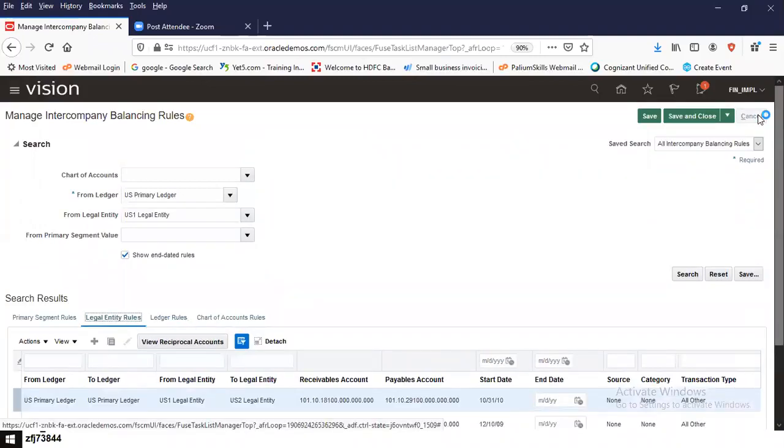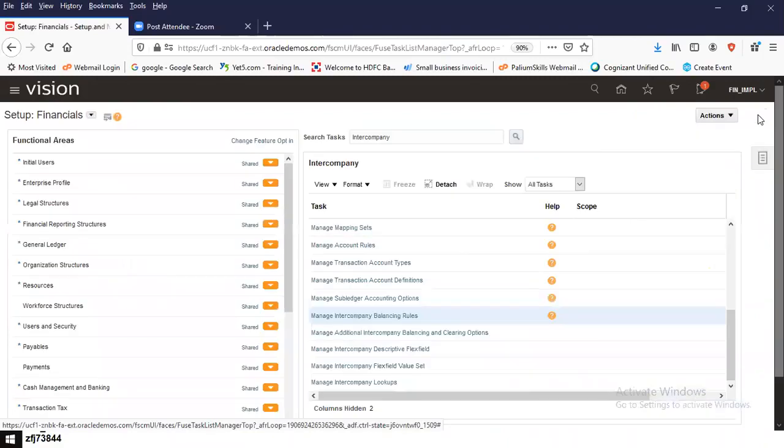Now one more thing that we have to do with that intercompany, coming back to that intercompany transaction.